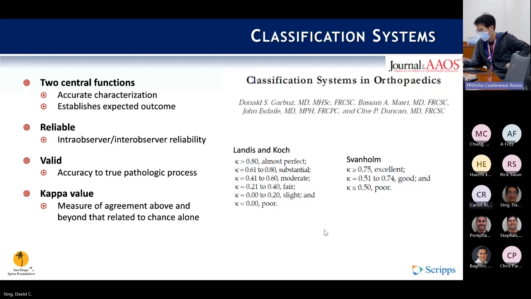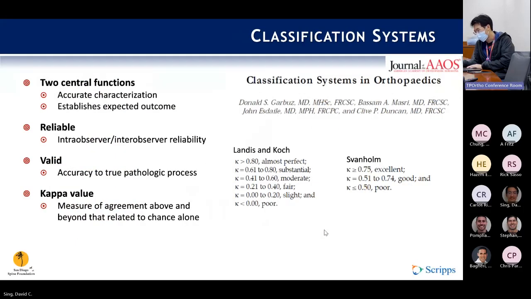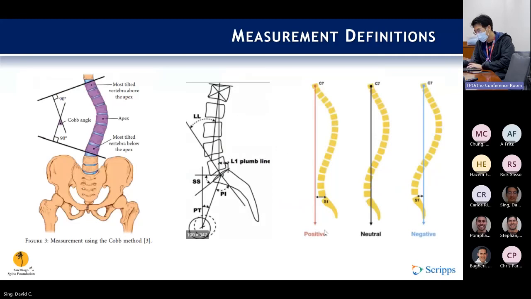This is typically measured by the kappa statistic, which looks at the difference in agreement percentage relative to the total number of observations. And just for reference, a kappa score above 0.6 to 0.7 is kind of acceptable.